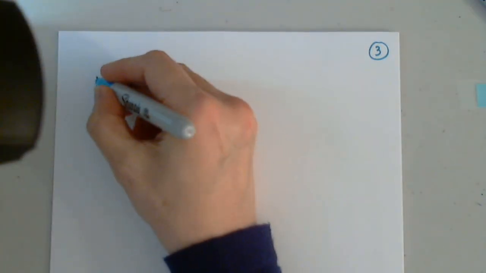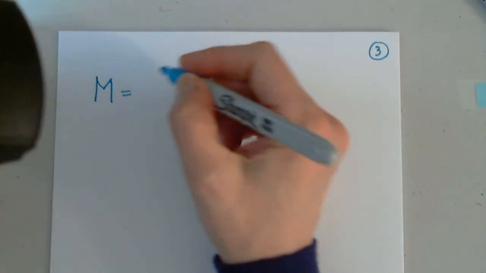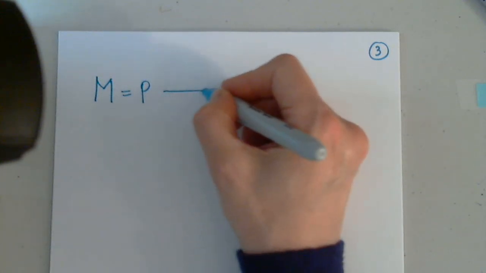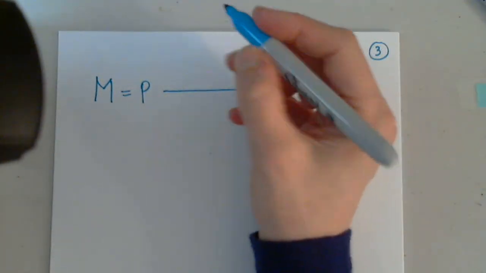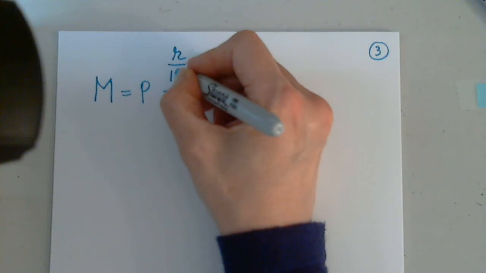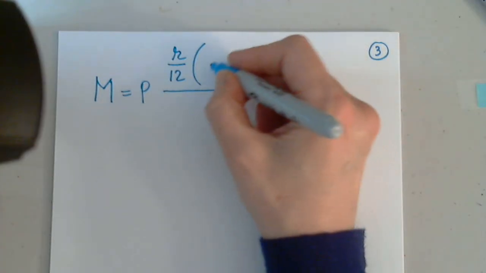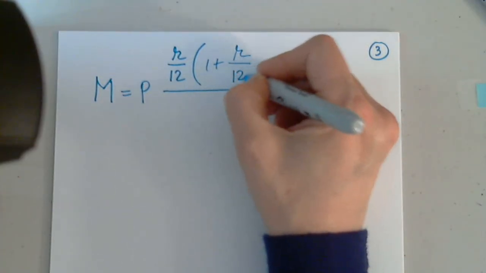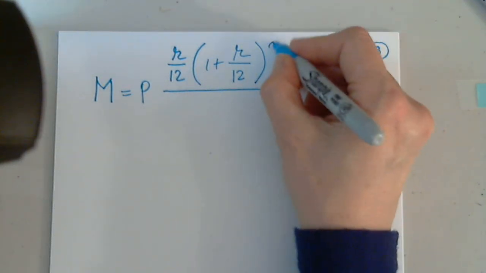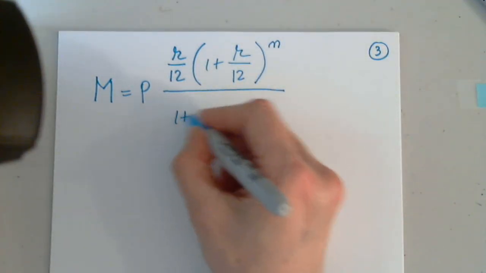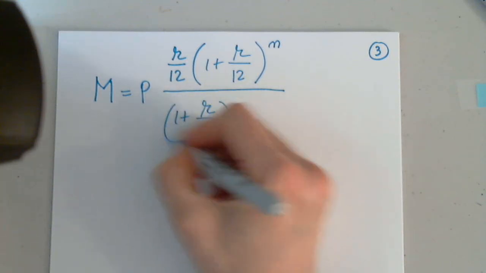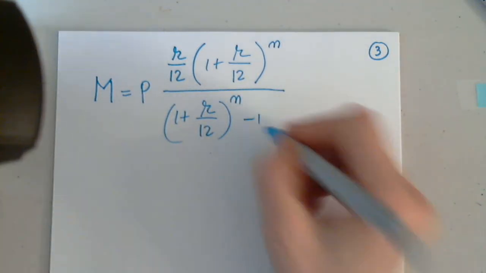It's called the annuity formula. So I'm going to write it for you, and we're going to work with it in a moment. So here it is. The monthly payments, principal. So it's an interesting formula, not easy to work with. So 1 plus r divided by 12 raised to power n, of course, and 1 plus r divided by 12 raised to power n and minus 1.